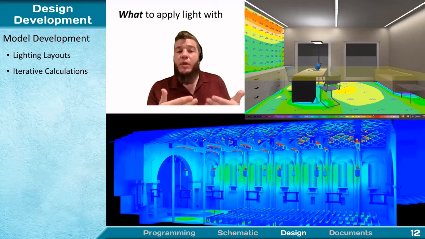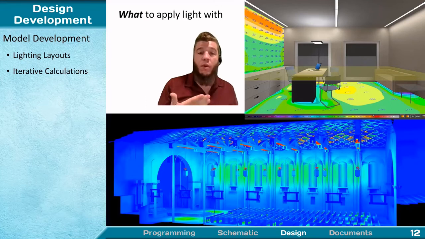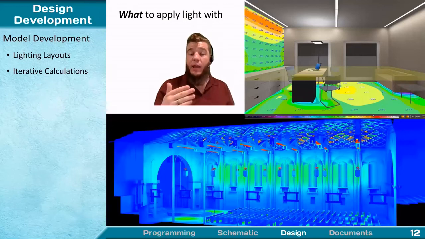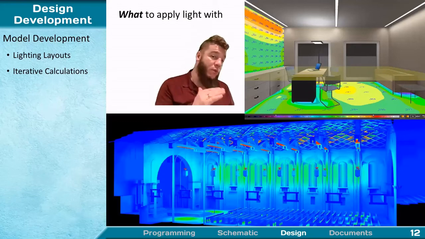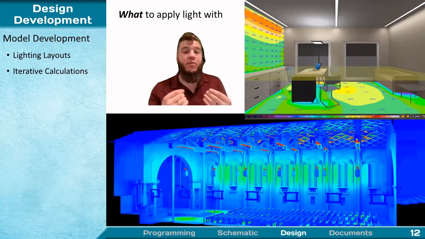So that's why we use our modeling software, either AGi32 or LUMEN Tools in Revit, to predict the amount of light we're going to get in this space. And that way, we have a good idea before we start spending money of how this lighting system is going to perform.